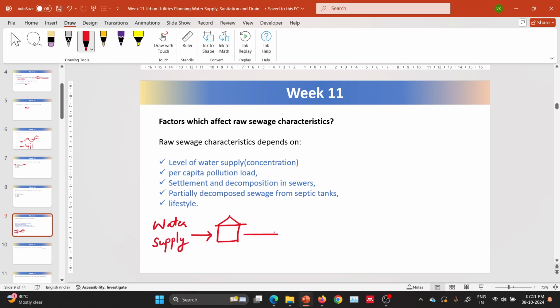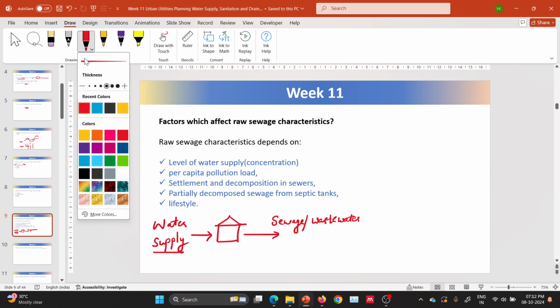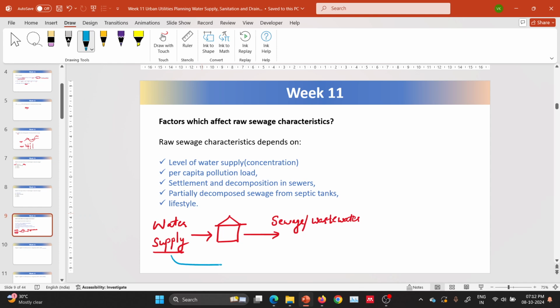After getting the supply, we are producing sewage or wastewater. Whatever the supply, on an average the sewage or wastewater will be generated. In general, we take it as 80%. So the characteristics depend on the level of water supply.